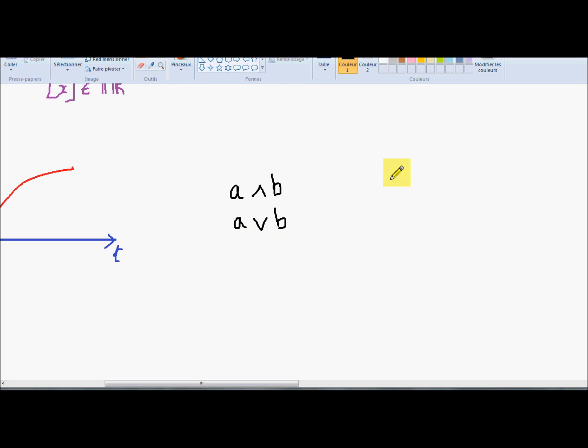Let me explain what this means. I will take an example, for instance, R2. Here I have R2, and in R2, A could be here, and B could be here.